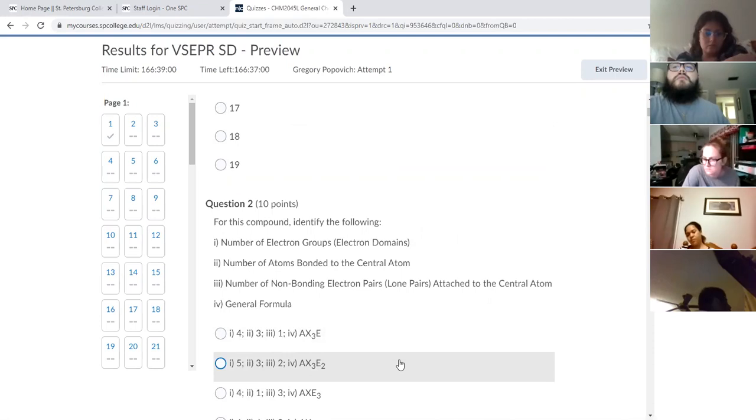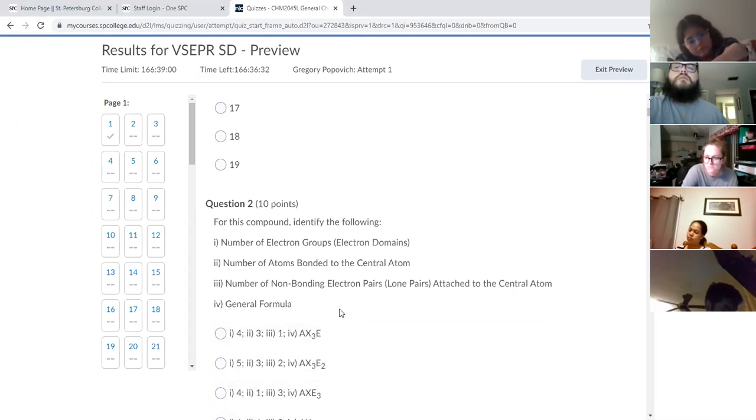The first question, how many electron groups on the center atom? Those are the electron clouds I was talking about. How many electron clouds are on the center atom? Second question, number of atoms bonded to the center atom. Third question, number of non-bonding electron pairs attached to the center atom. Fourth question, it says general formula.